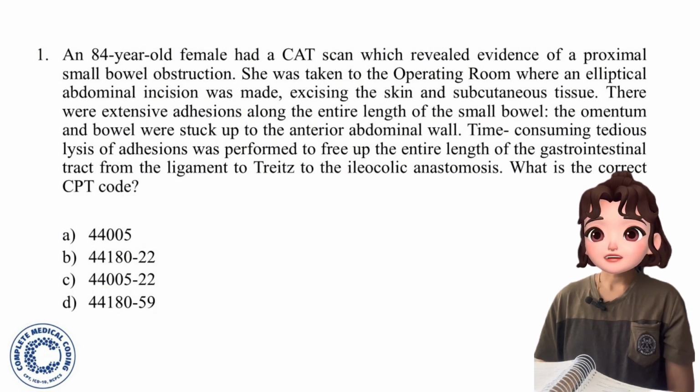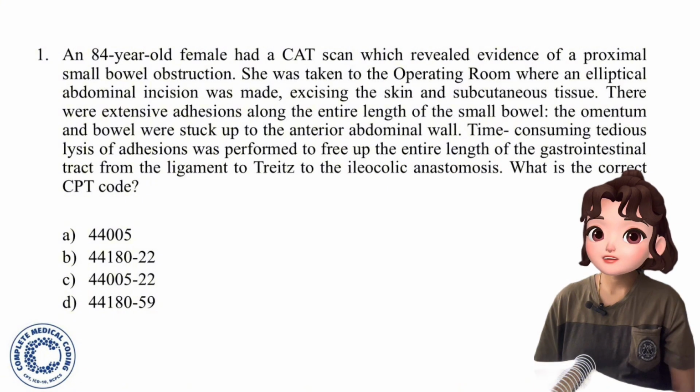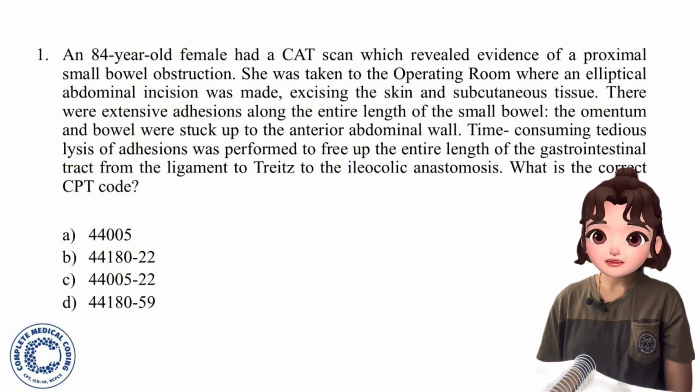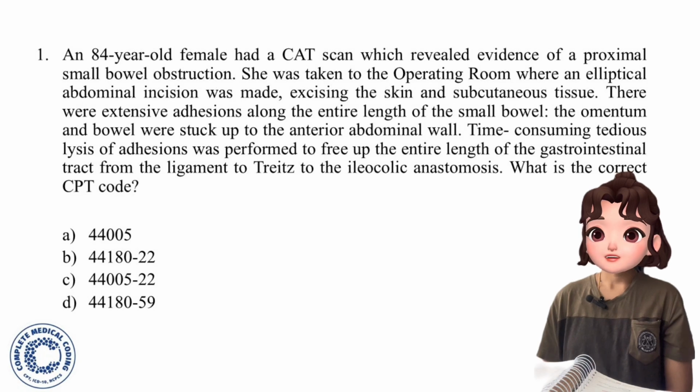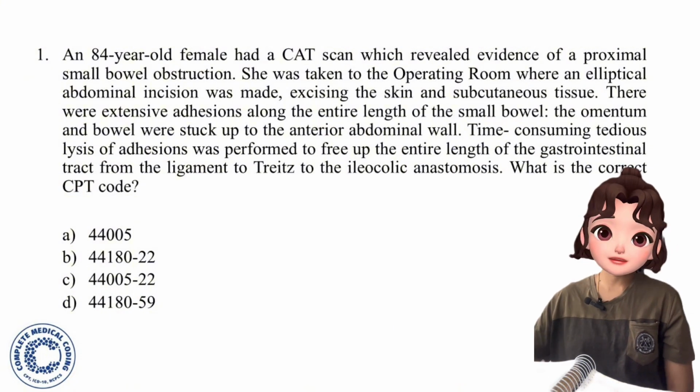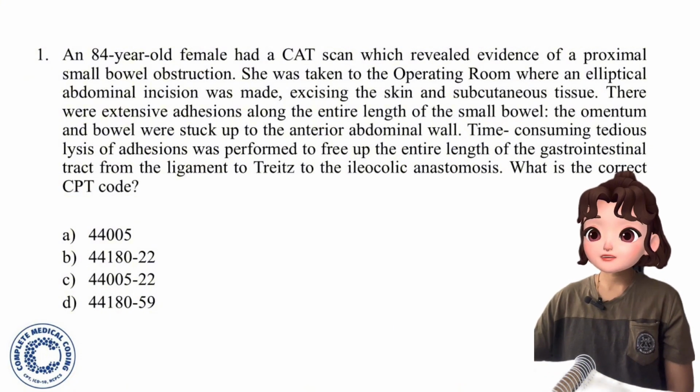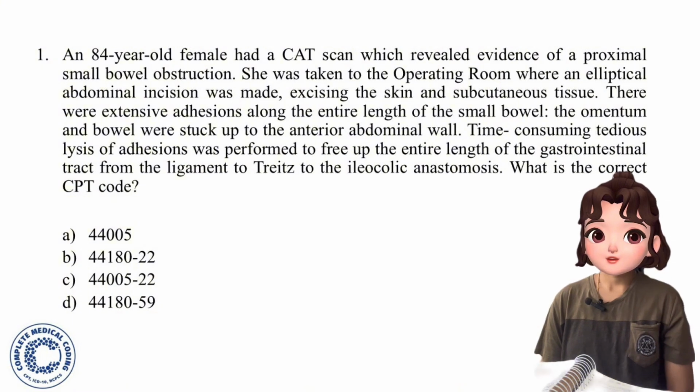So as discussed earlier, the correct CPT code is 44005 as the first code. If you check options A and C, you can see that option C is appended with modifier 22. You should know what modifier 22 is.